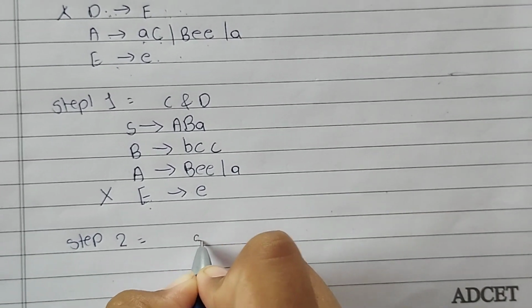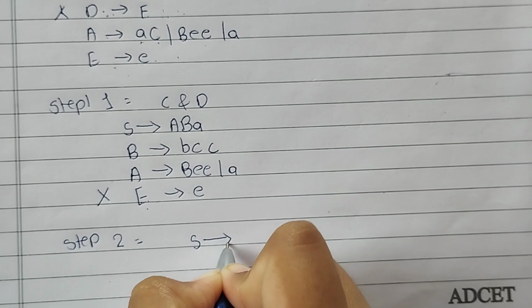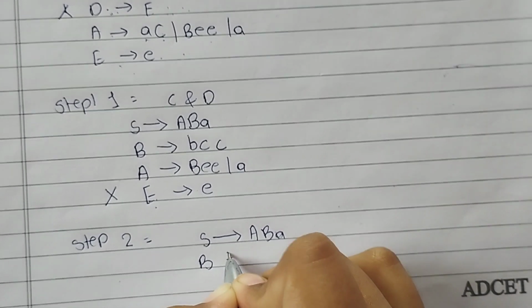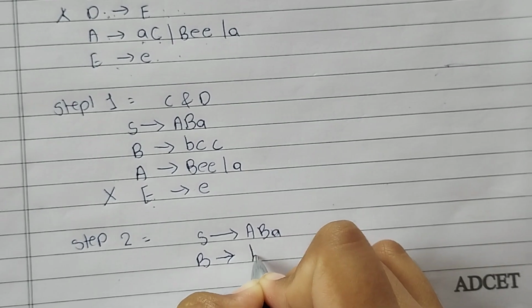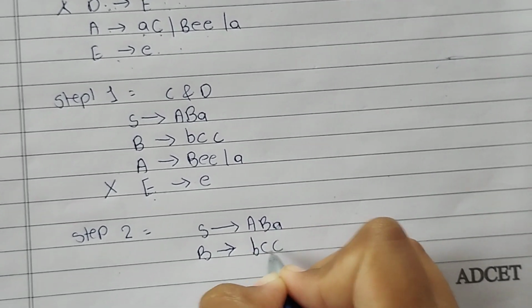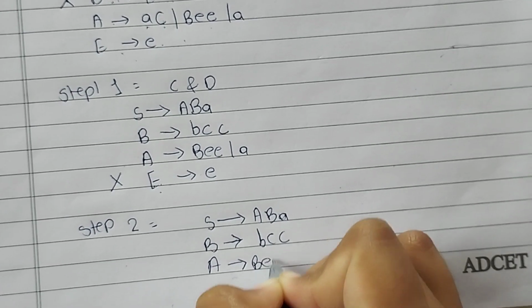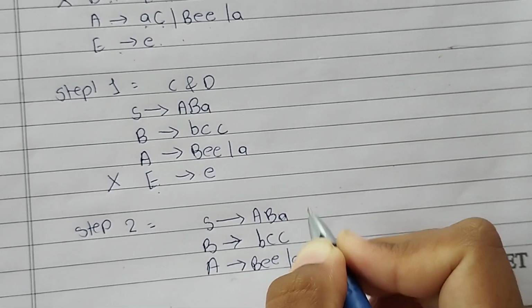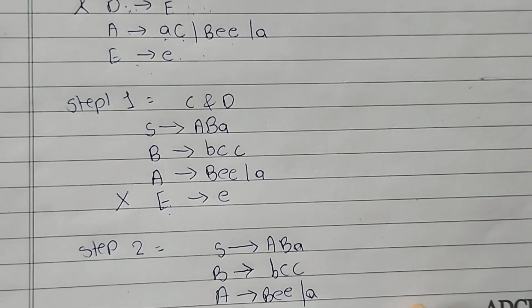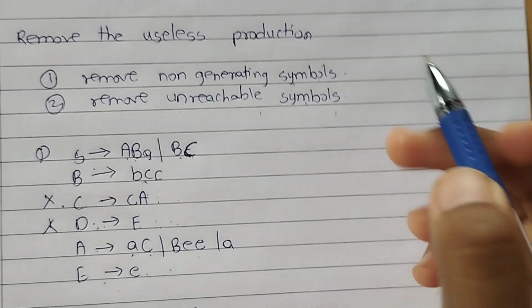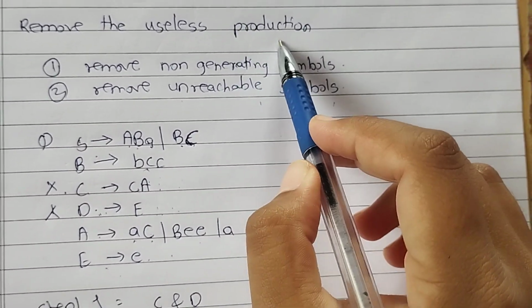So the final answer is S produces A, B produces B, C with small letters, and A produces B, E or A. This is the final answer of the question. So I hope you all get an idea about how to remove useless production.